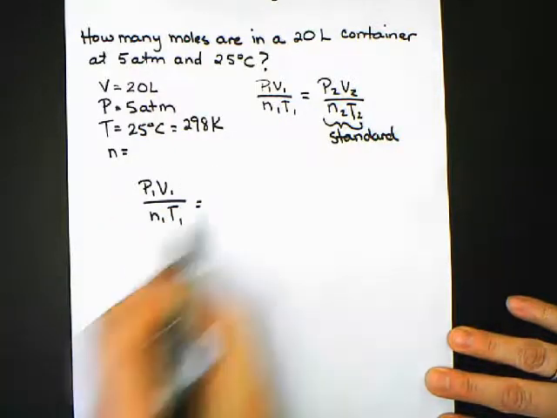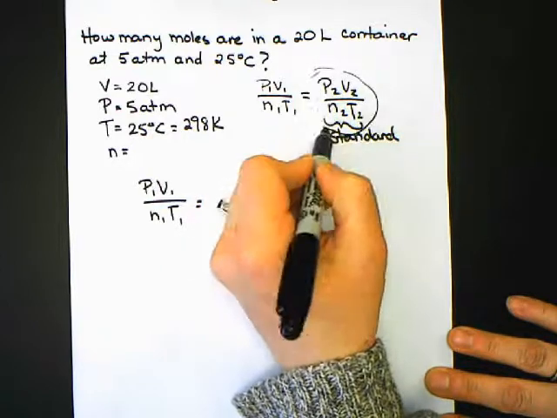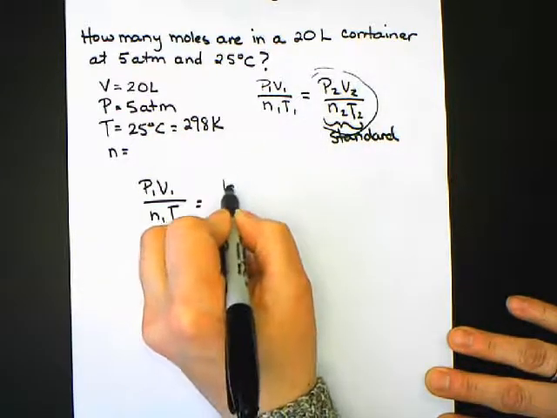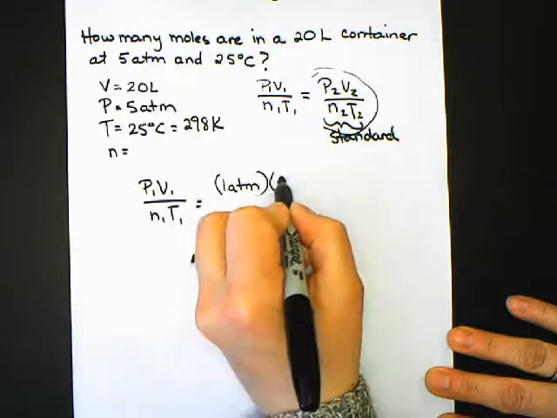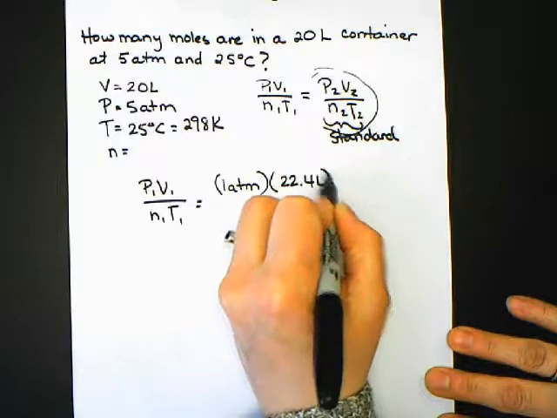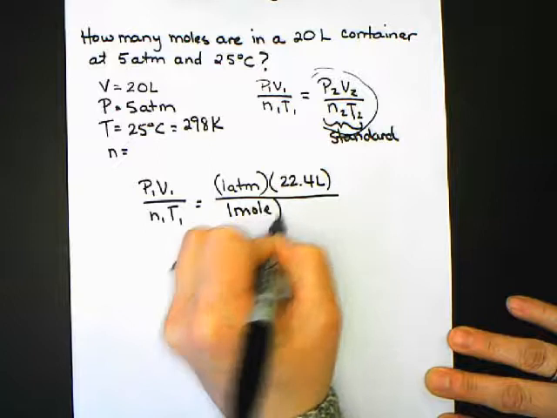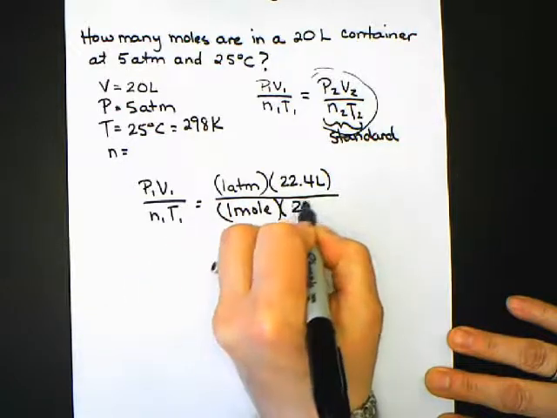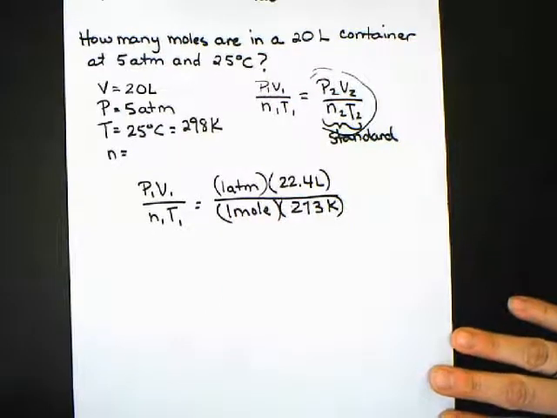So 1 atm and 22.4 liters and 1 mole of gas and 273 Kelvin are my 4 standard conditions. So if I figure that number out mathematically, I get a value that's 0.082.